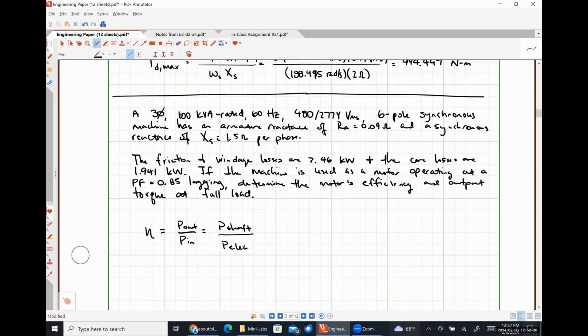So we need to figure out what P shaft is and what P electric is. We're also trying to find the torque at the output. So that is going to give us the relationship T shaft is equal to P shaft divided by omega S.